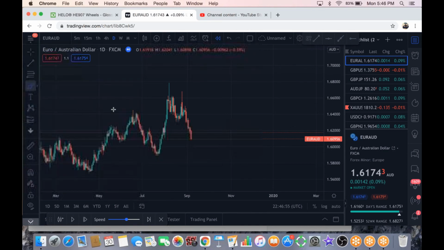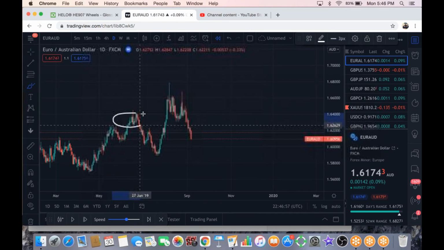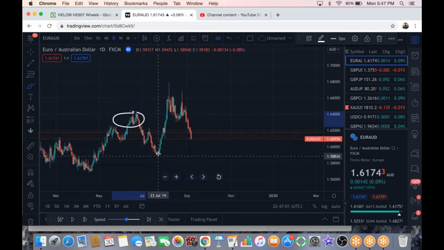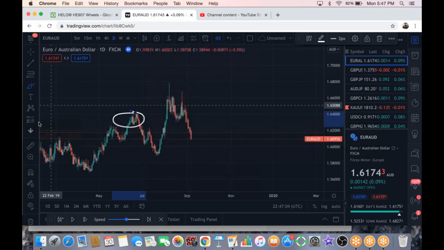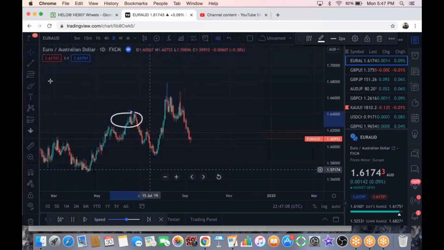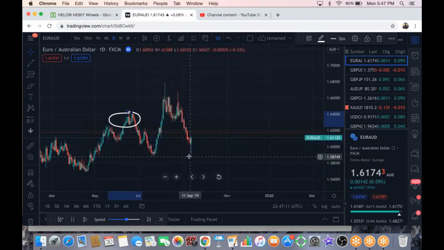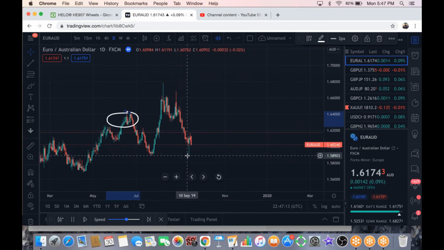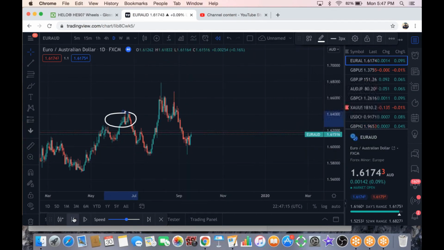Now, I want you to pay attention to this right here because this is a key factor. That point is a very key factor. This right here as well. But I'm going to outline this for now. All right. So as the market's moving, we want to see what the market does. Now, if this market reverses, see how it tapped at that level right there?